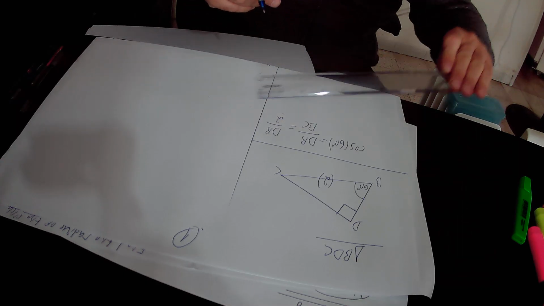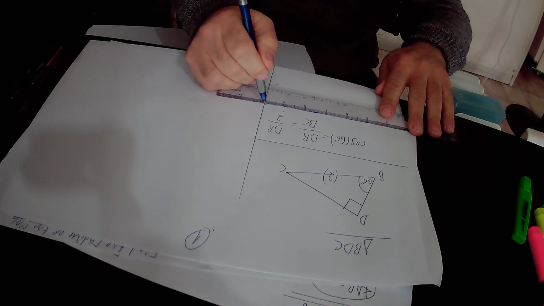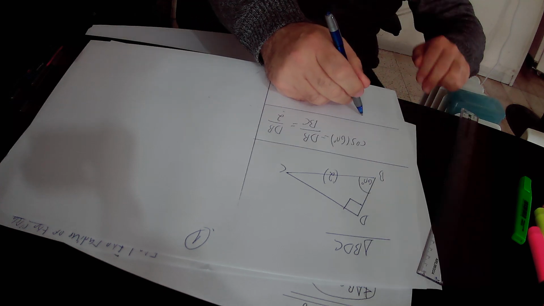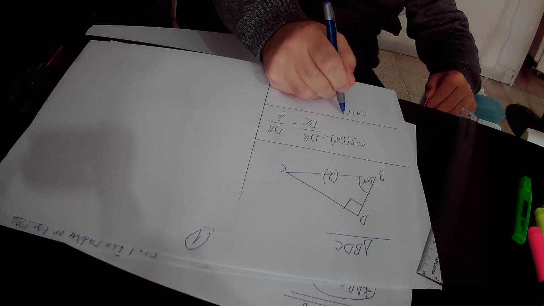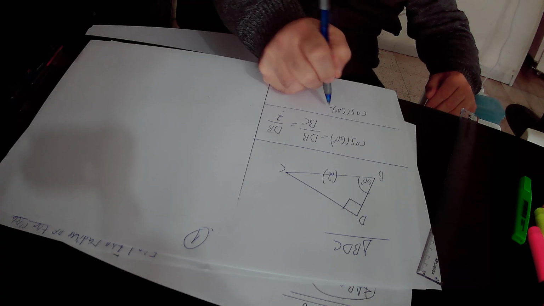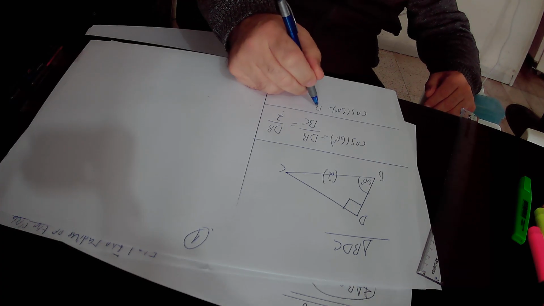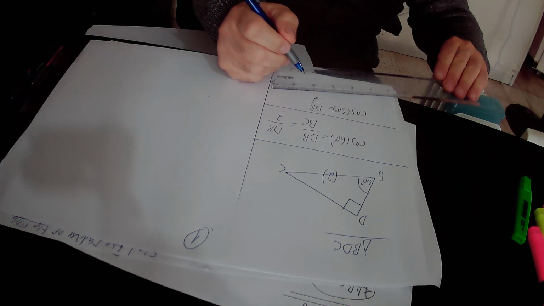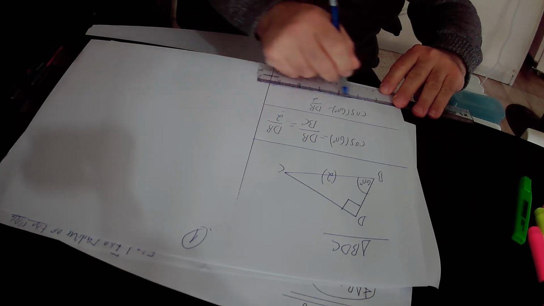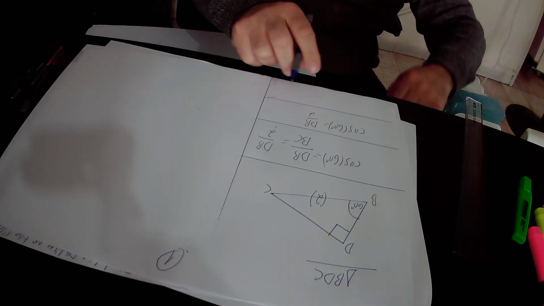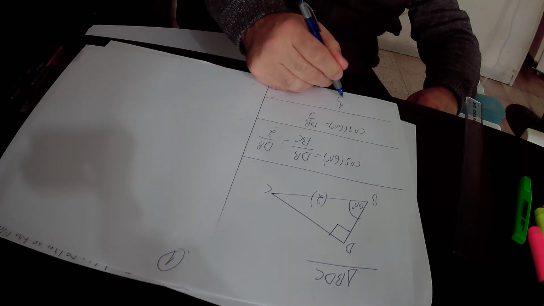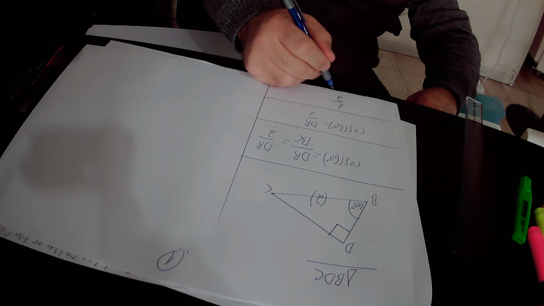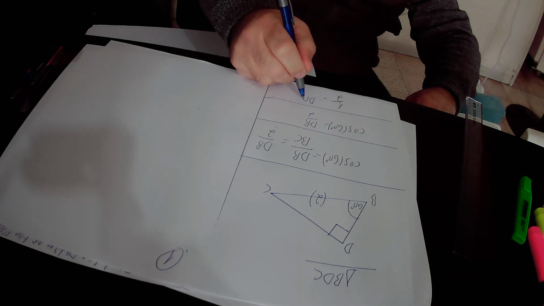So we've already found that cosine 60 degrees equals DB over 2. Cosine 60 degrees is 1/2, so 1/2 equals DB over 2.